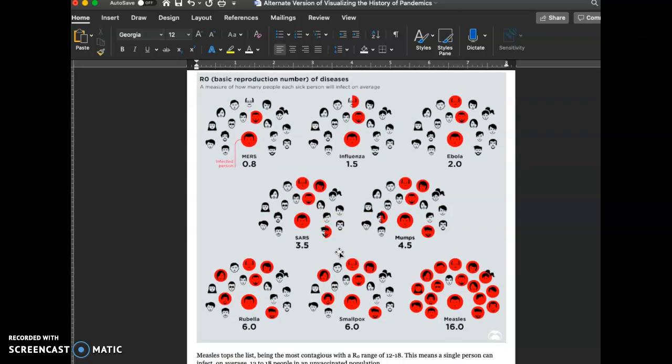If you take a look at this really cool graphic, it shows you the R naught for certain diseases. So we have MERS, influenza, which is just the regular flu, Ebola, SARS, mumps, rubella, smallpox, and measles. Now, a lot of people need to get vaccines. You might remember a vaccine that you've taken called the MMR vaccine. That stands for measles, mumps, and rubella.